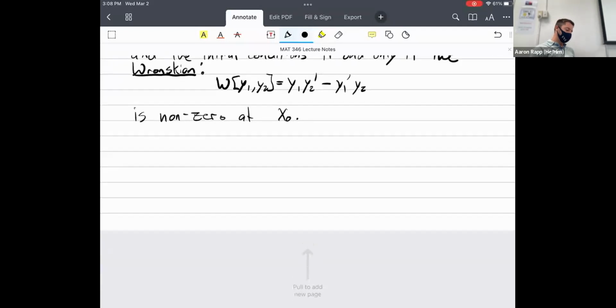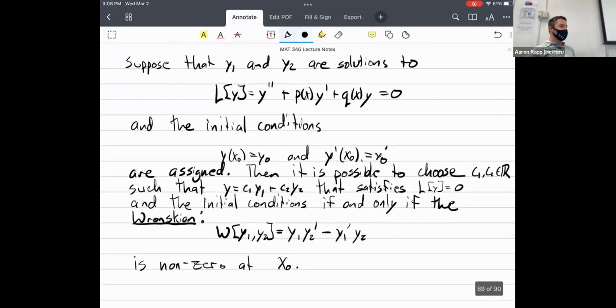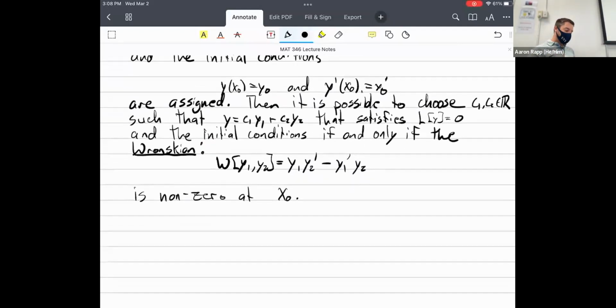Well, let's confirm that that's actually working, because even though they're nice little constant coefficients, we've already worked with differential equations that satisfy this, and with initial conditions applied to them. So go back to the example that we did at the very beginning.